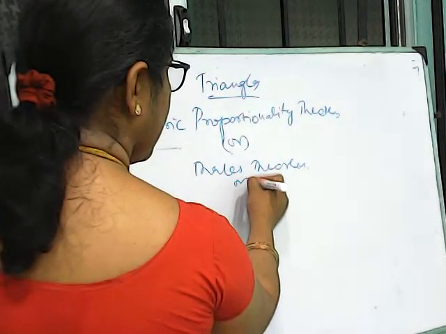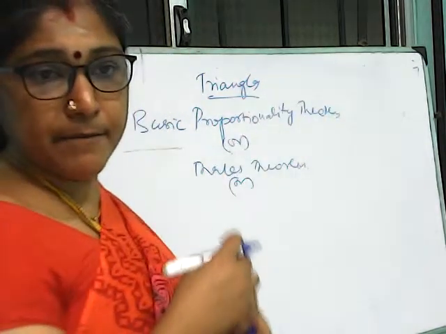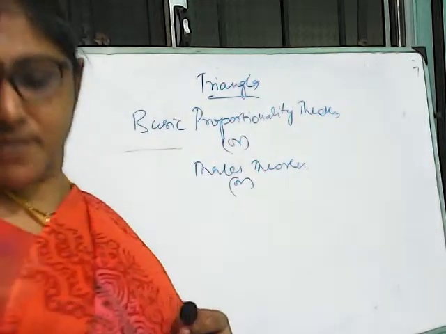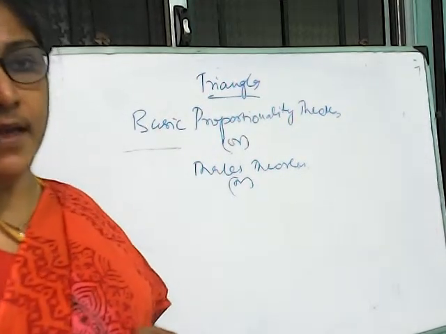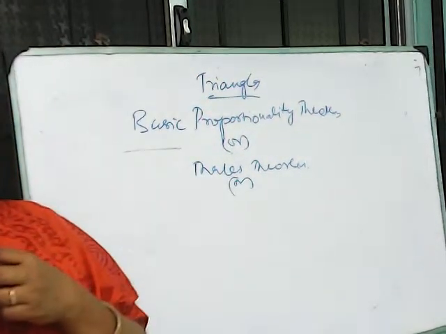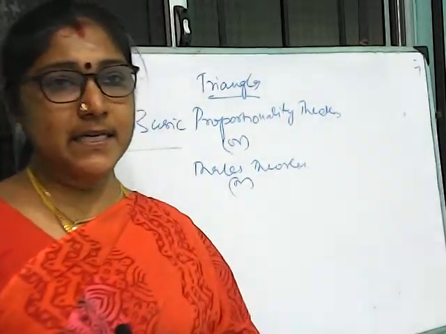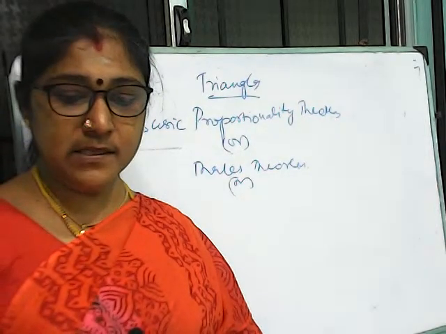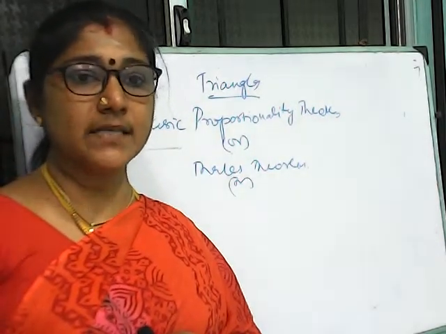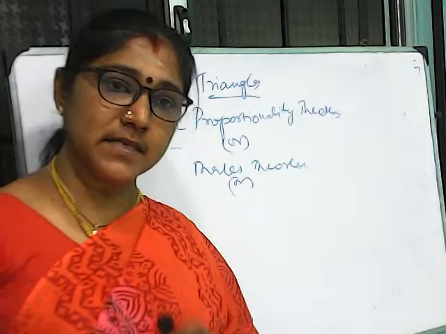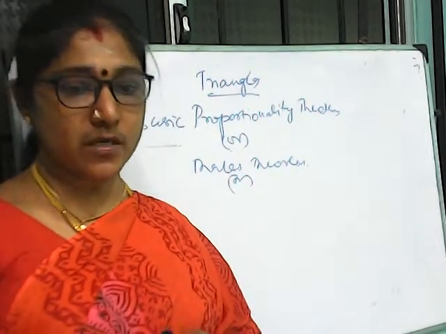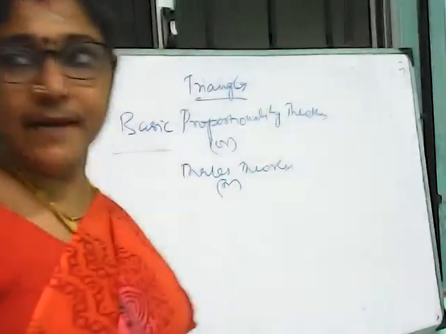You may also be given the theorem statement. What is the theorem statement? If a line is drawn parallel to one side of a triangle, it intersects the other two sides in distinct points, and the other two sides are divided in the same ratio. That is the Thales theorem statement.